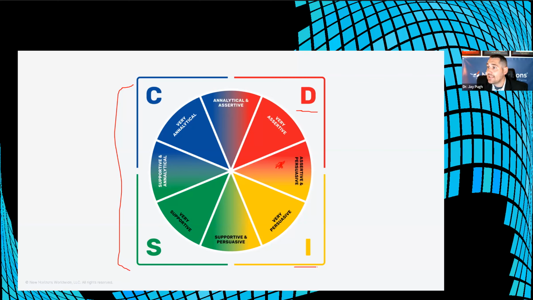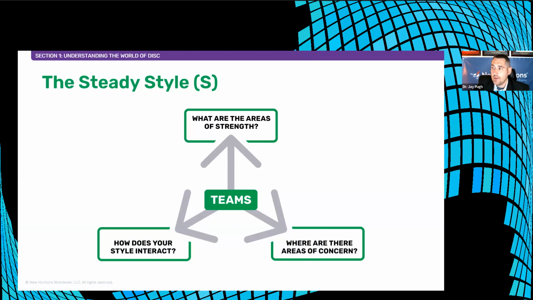All right, let's shift into the S style. The S style. What do we think? They are supportive, steady like a rock. They are compassionate. What kind of value, areas of strength, areas of concern? How do they prefer to communicate? What do you think they have? Empathetic. They are great listeners. Absolutely.